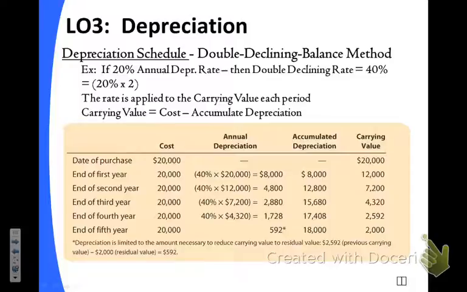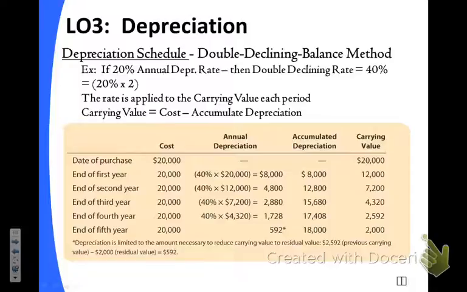Now, in the last year, if we were to take 40% of $2,592, that would be too much because the residual value for this particular asset is $2,000. We can never depreciate more than the estimated salvage value. So in the last year, we take that carrying value of $2,592 and subtract the anticipated residual or salvage value of $2,000, and get a depreciation expense of $592 for the fifth year.